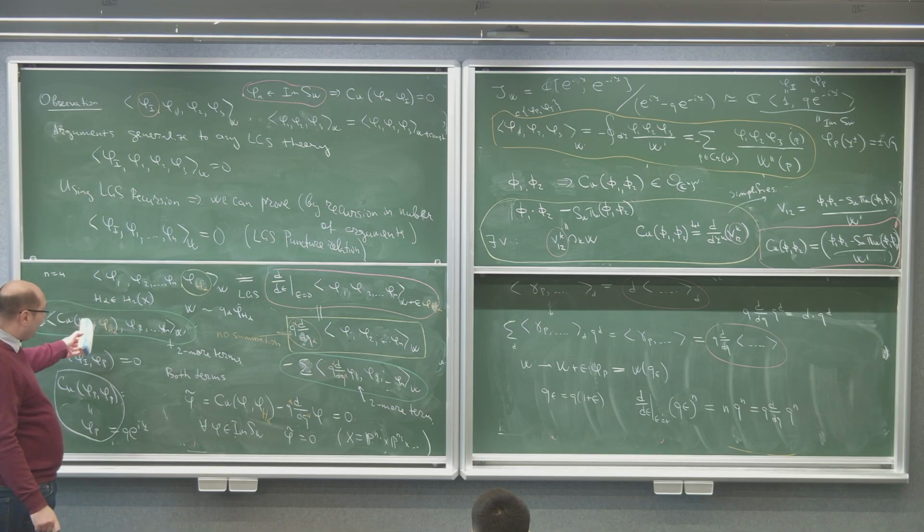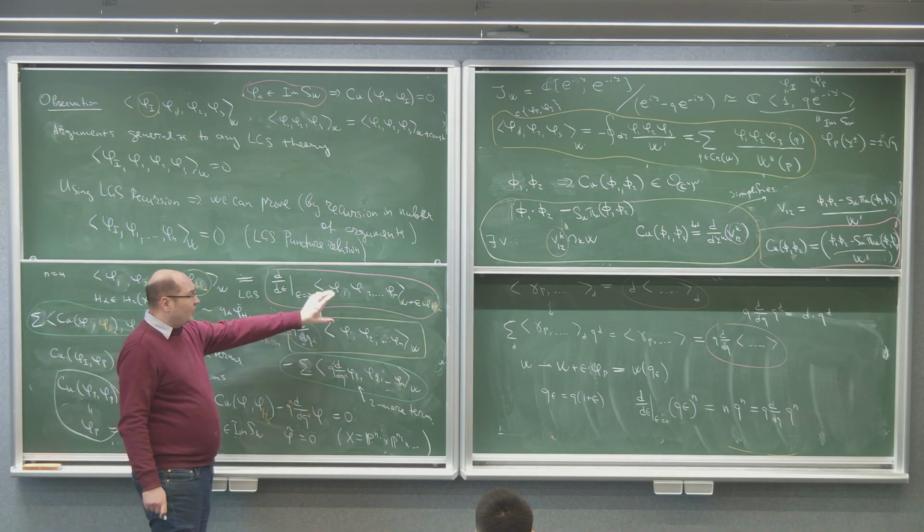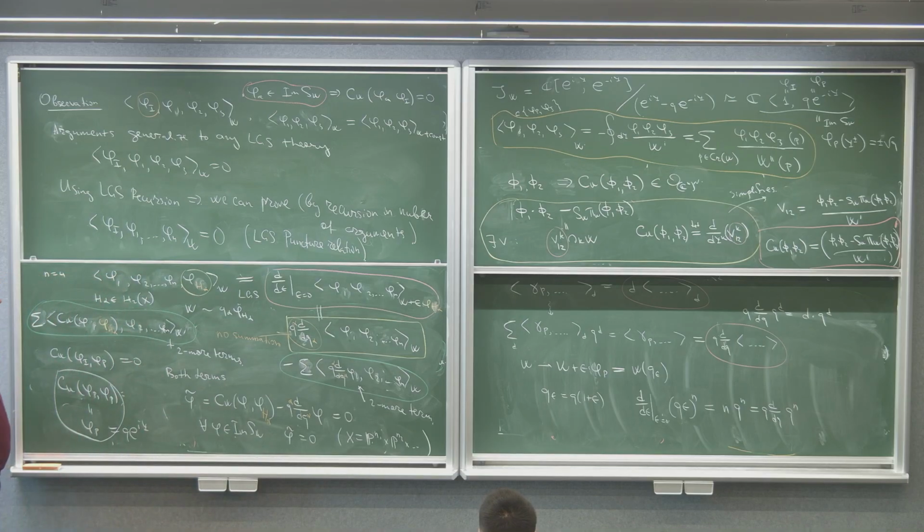And I have exactly the similar type of phi tilde observables, which is a combination of a contact term from the Landau-Ginzburg side recursion and this derivative term for compensating the difference between the red and yellow expressions.